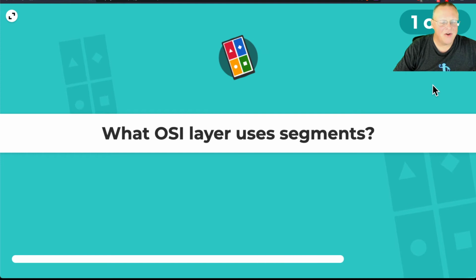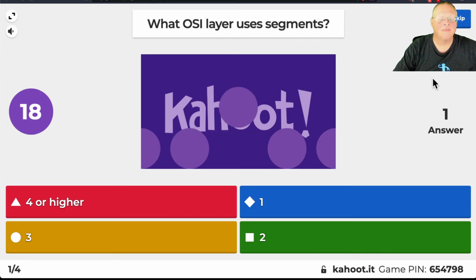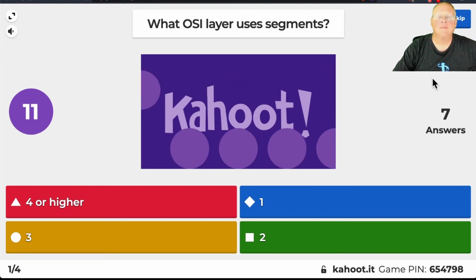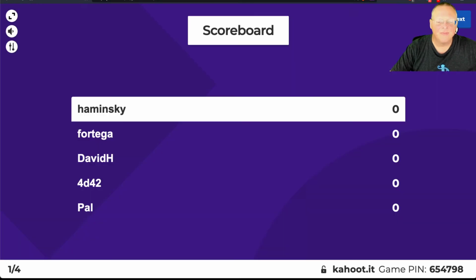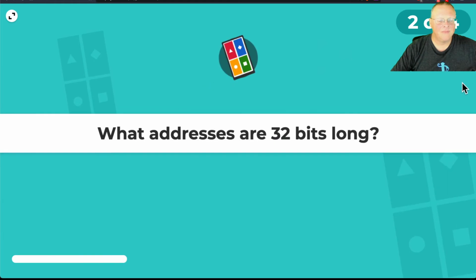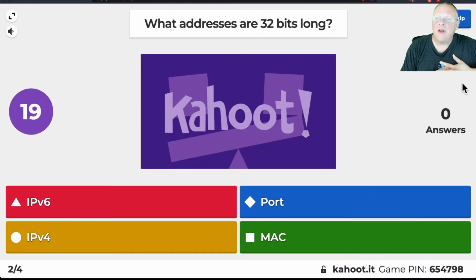All right, so where do you find segments? All right, they're at layer 4, TCP segments. All right, where are the 32-bit addresses?